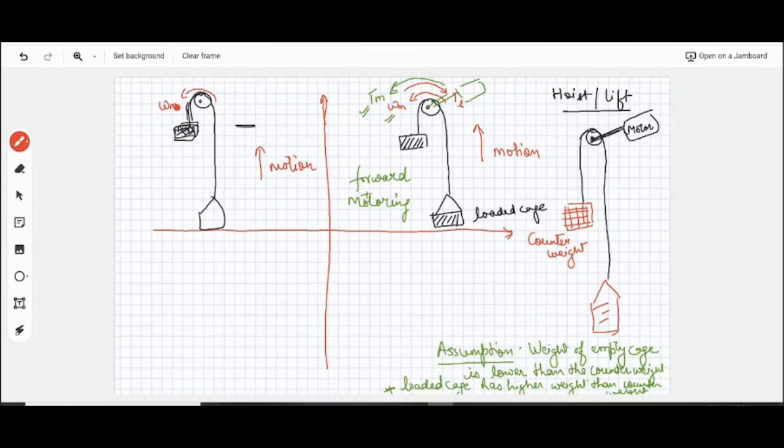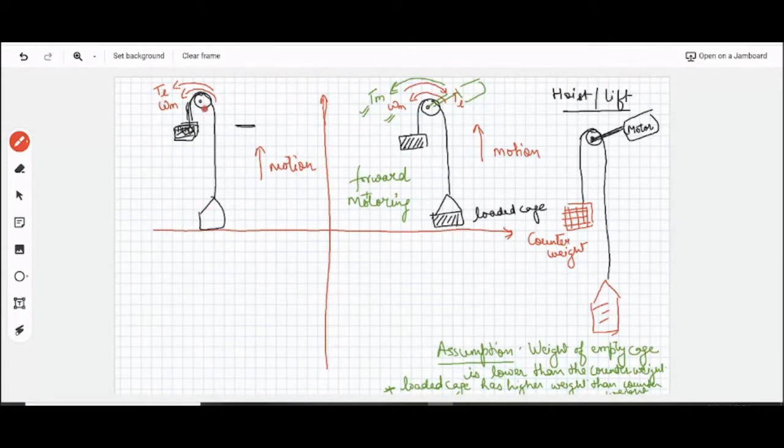Right. What about the load torque? See the scenario. Here your cage is empty. Because the cage is empty, the counterweight has higher weight in comparison to the empty cage. That means your load torque will be acting in this direction.